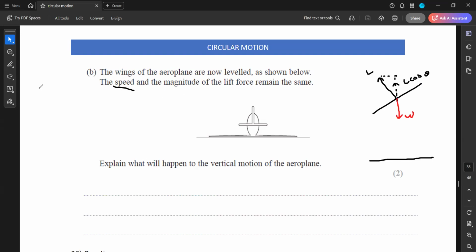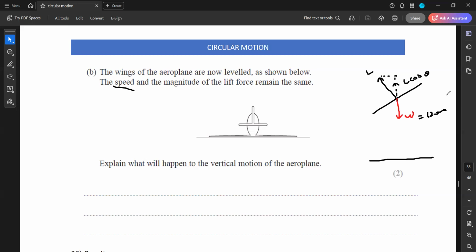there is a component of the lift which was balancing, but the lift was always greater. Let's say the weight was 12,000 Newton, because it's a weight.